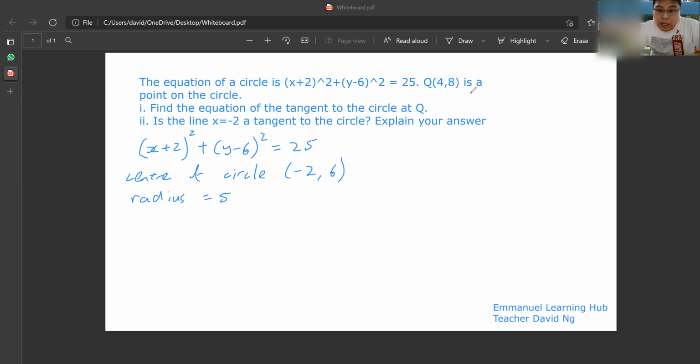Then they say 4, 8 is a point on the circle.